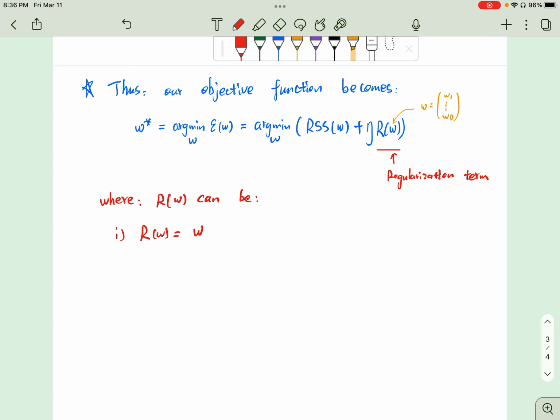We take the weights, we take the Euclidean distance of these weights. This 2 means we are taking the Euclidean distance, and we take the square of the Euclidean distance. Also called the L2 norm. And if the regularization term is in this form, we give it a name. We call it ridge regression.